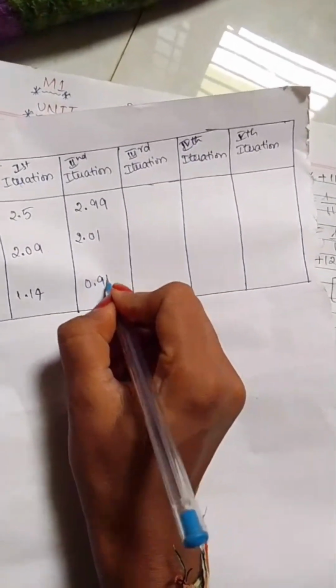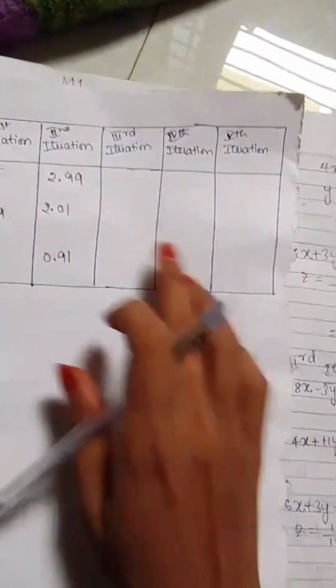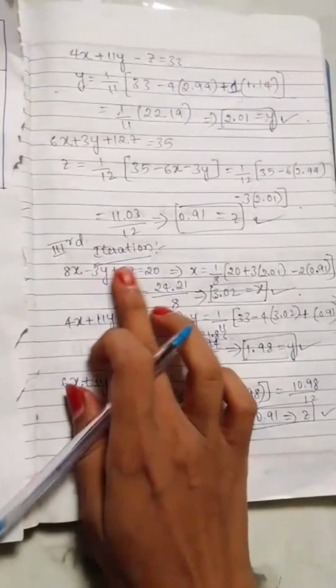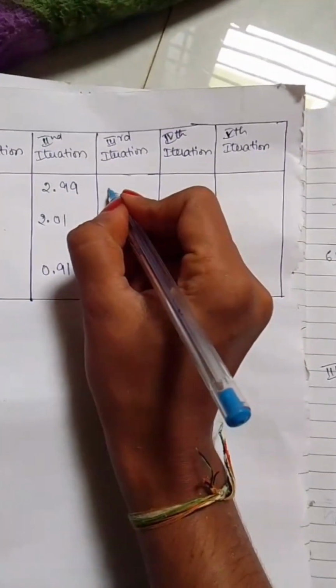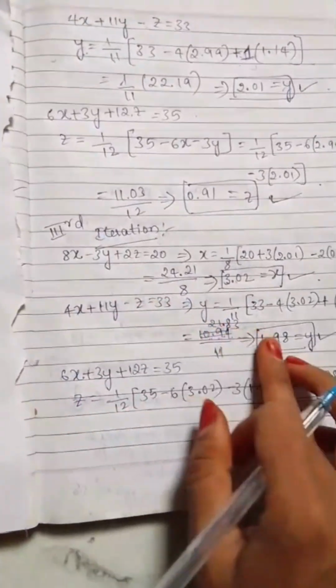In the third iteration, I got the x value 3.02. And the third iteration, y value 1.98.